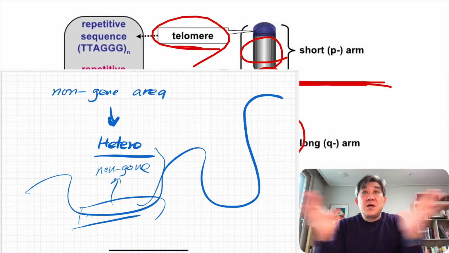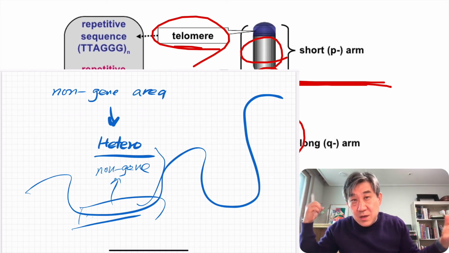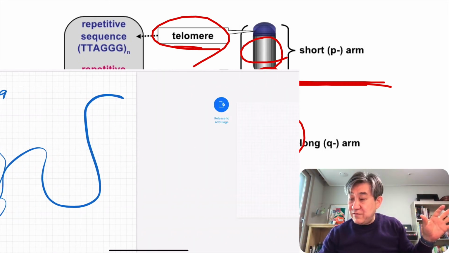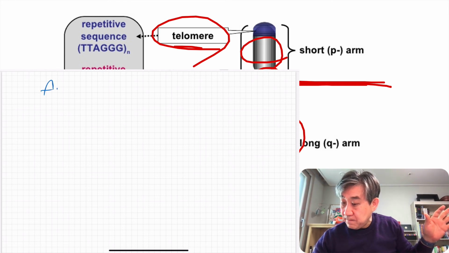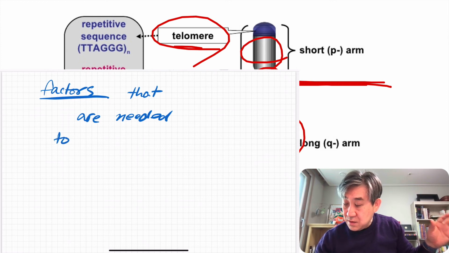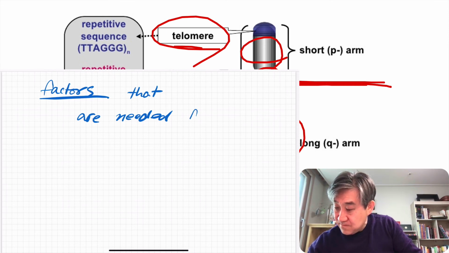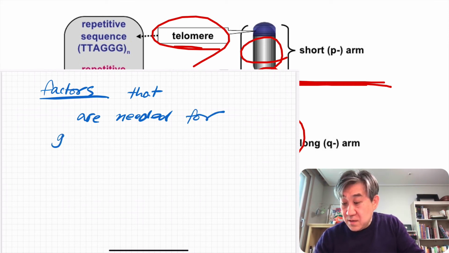Why? Because the more compactly organized it is, the more difficult it is for the material factors needed for gene expression.